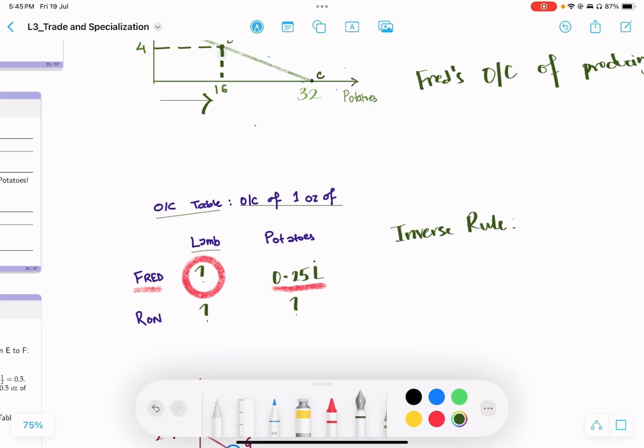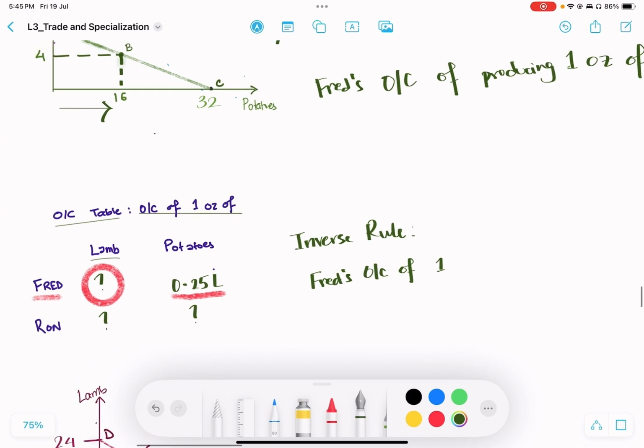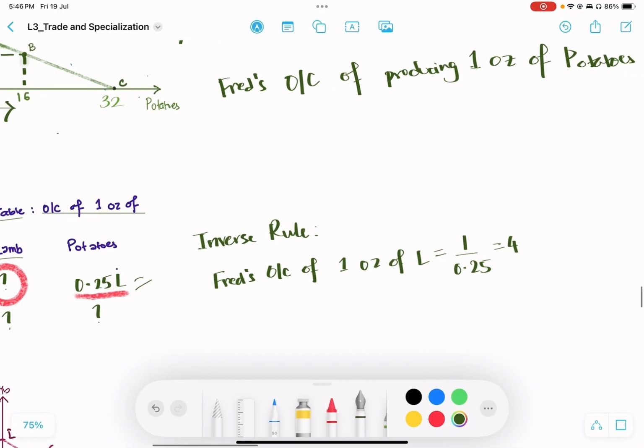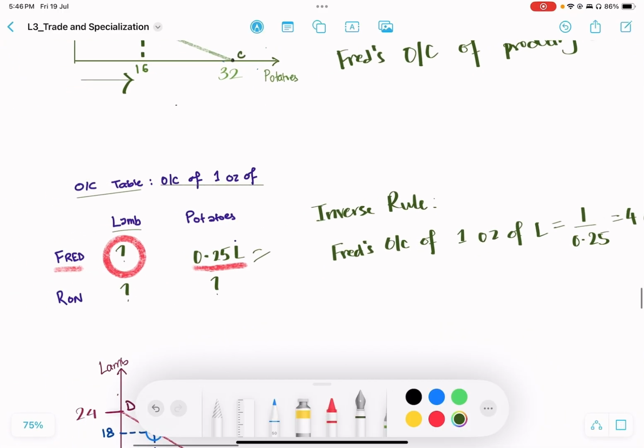What am I going to do? So basically, you can actually directly say that Fred's opportunity cost of producing 1 ounce of lamb is equals to, just take this 0.25. So you're going to do 1 divided by 0.25. This is 4 ounce of potatoes. All right.